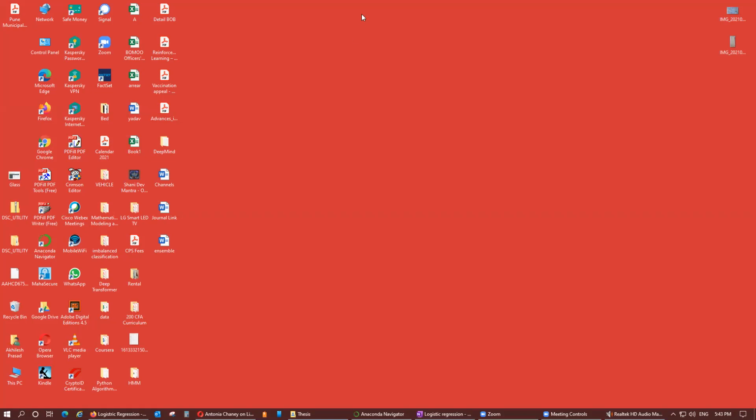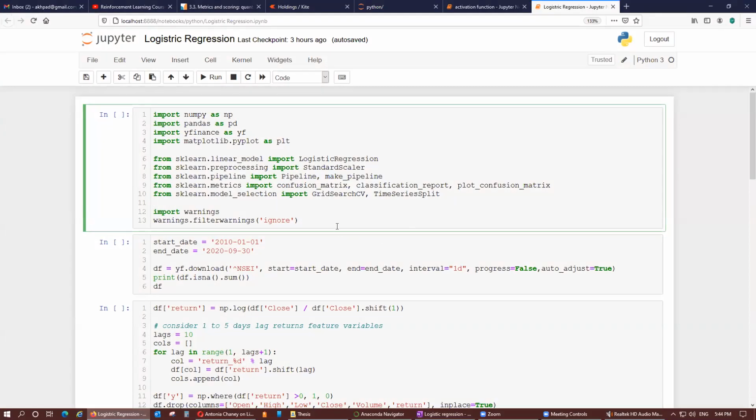Okay, so this is my screen, and this is the logistic regression. First you need to import the relevant modules. NP is for NumPy, Pandas, yfinance, where one can download the stock data, and this is for plotting.